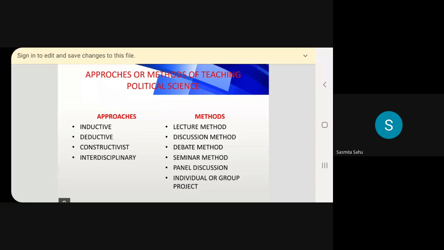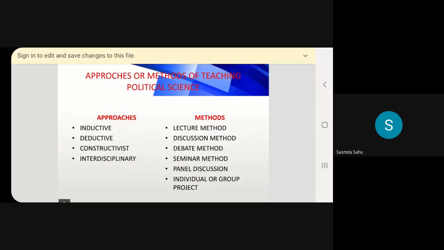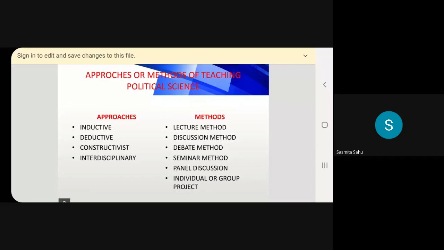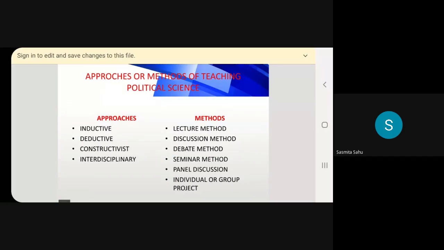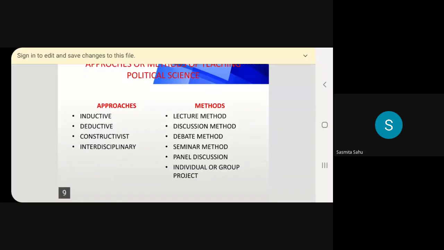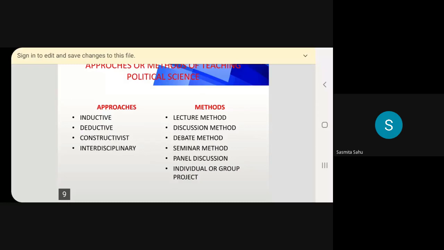It will be more interesting. And we can use the constructivist approach and interdisciplinary approach also. Many methods come under these approaches, like lecture method, discussion method, debate method, seminar method, panel discussion, and individual and group project method. Yesterday we discussed this. If any doubt is there today, you can ask me regarding all these things.